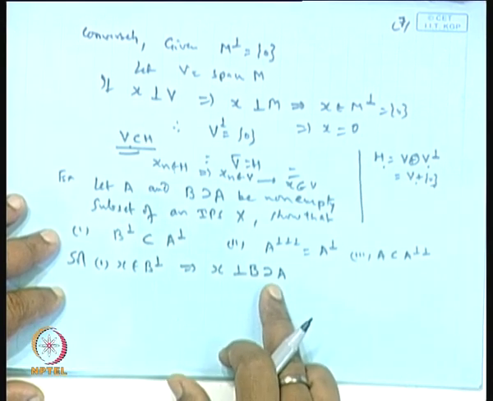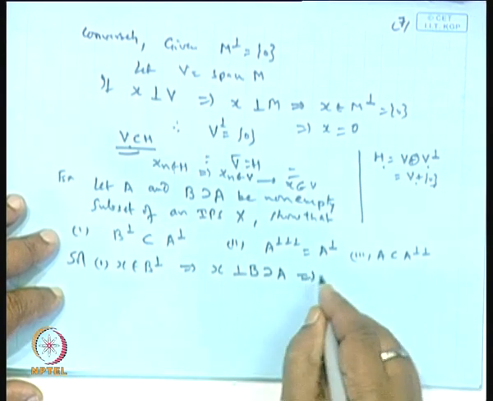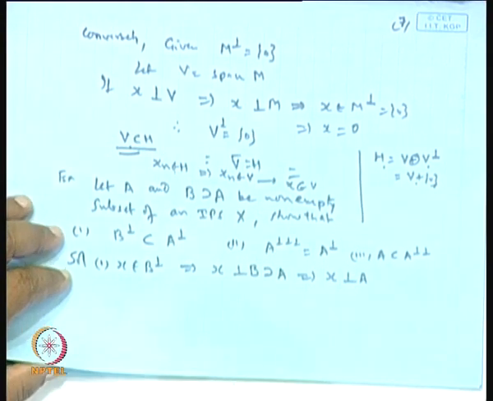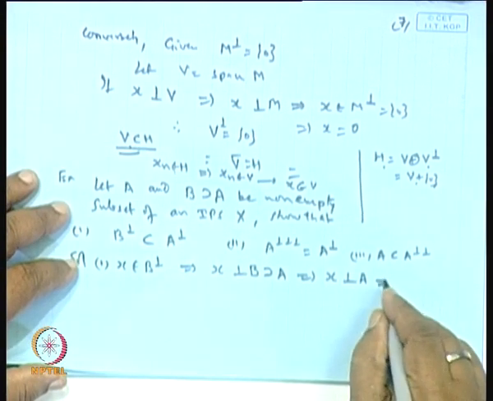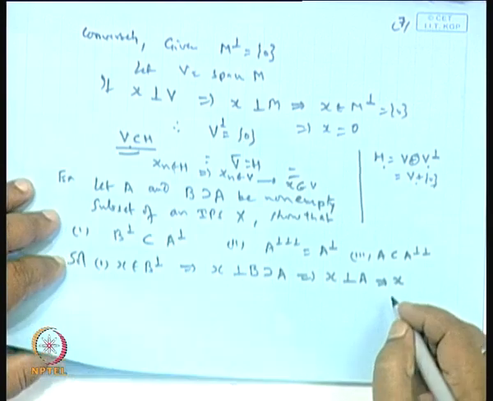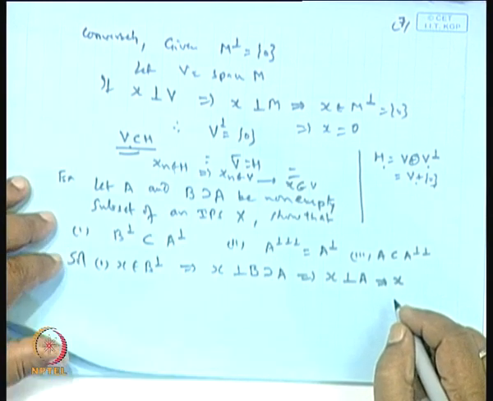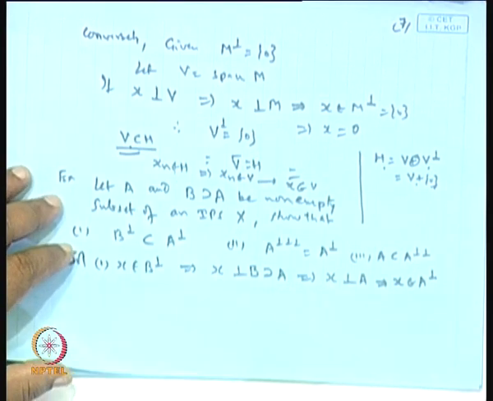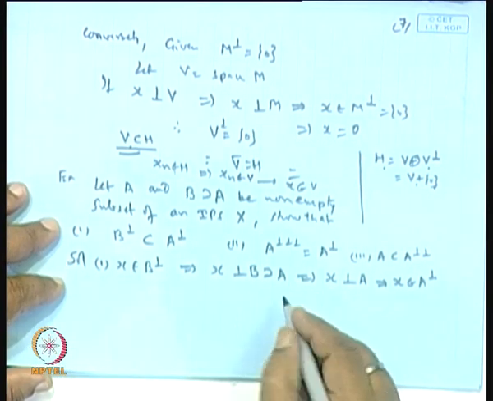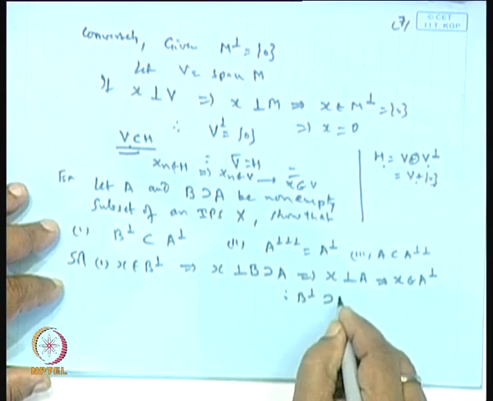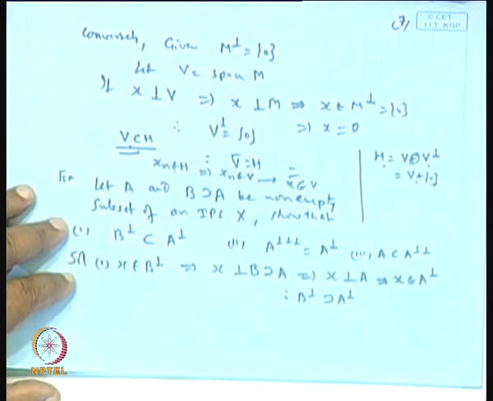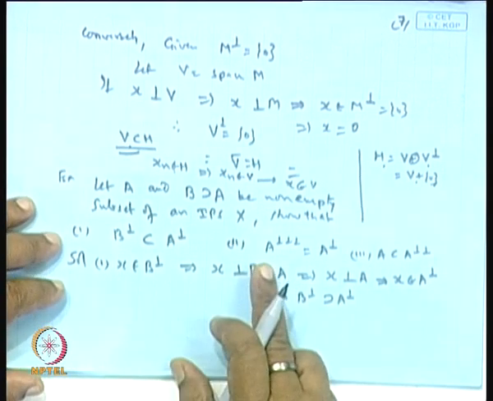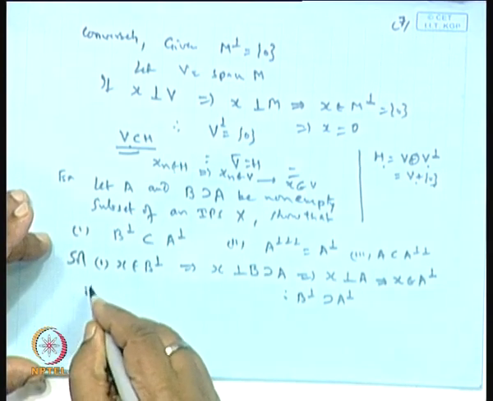So, that will include the points of A also. So, this shows X is orthogonal to A also. It means X must be a point in A orthogonal complement. Is it not so? So, this shows B perpendicular is contained in A perpendicular. Okay. Second part is also simple.